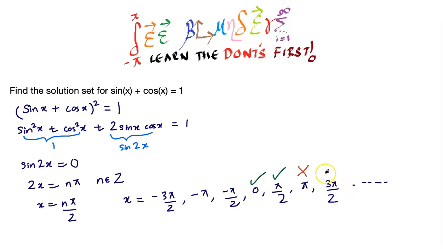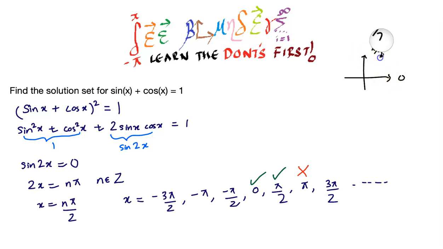Sin 3 pi by 2 plus cos 3 pi by 2. Right? Cos 3 pi by 2 is 0. Just to make sure I don't make any silly mistakes, I'm just going to label, make sure I get this correct.